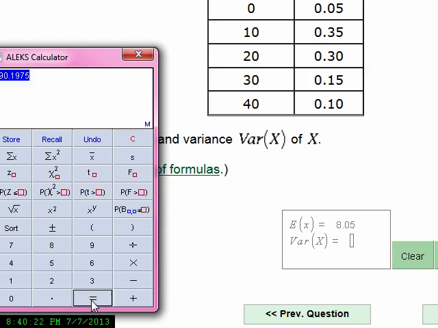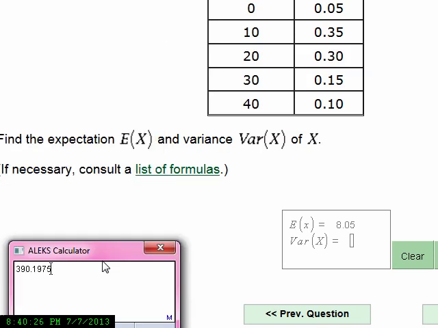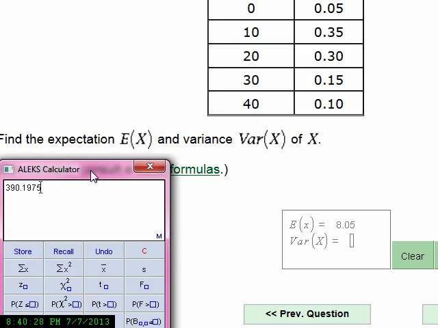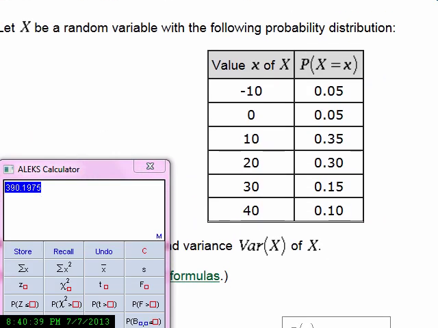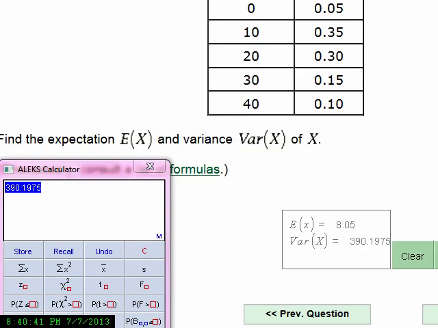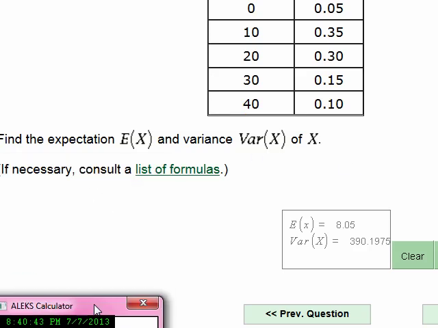That'll give us the variance. And so it's 390. How many places? Maybe they don't tell us to round. Control C. Control V. Let me just make sure they don't tell me here. It doesn't say anything about rounding or not rounding. Well, let's put it all in there.